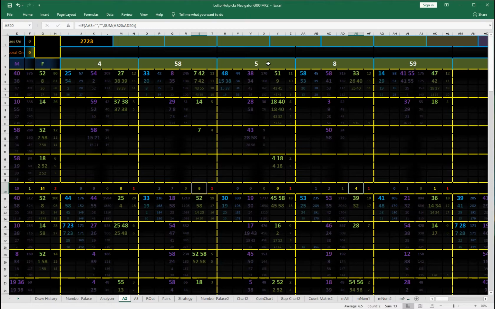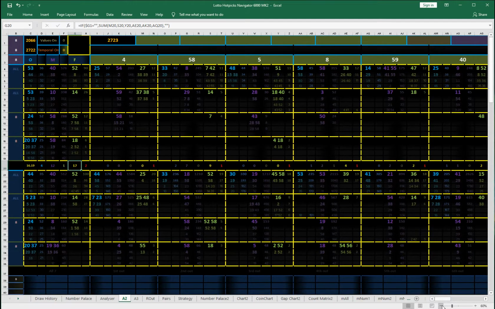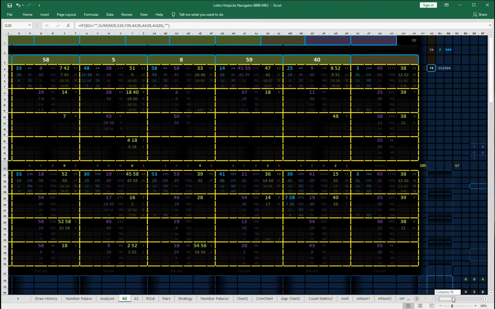So adding 5 didn't produce any. Adding 4 didn't produce any. Adding 59 produces 1. And if we add 40, because it's most overdue for its frequency, it's also frequent with number 5. Second most frequent with number 8. If we add that, it goes up to 17. So now you know how I picked my numbers.